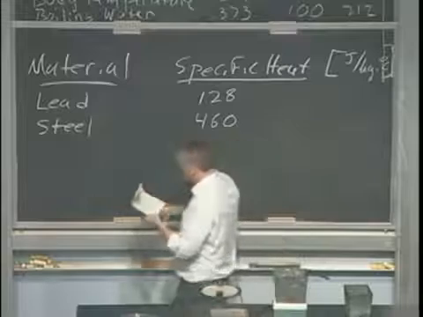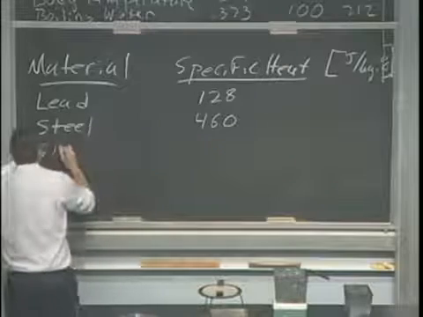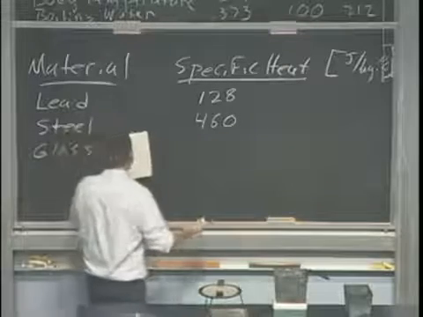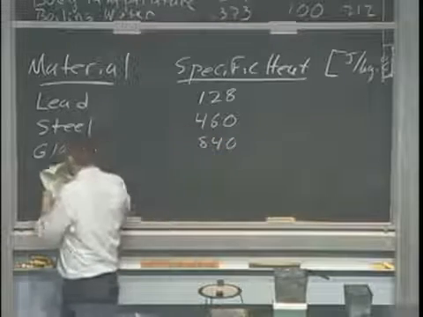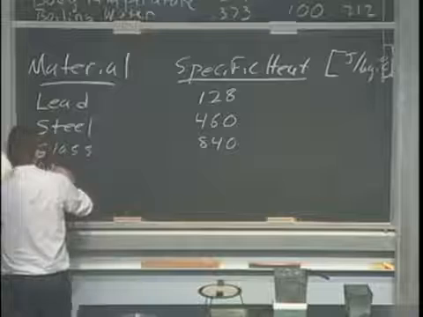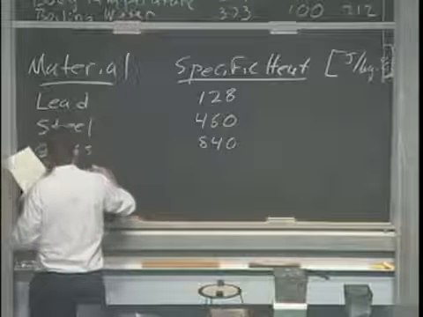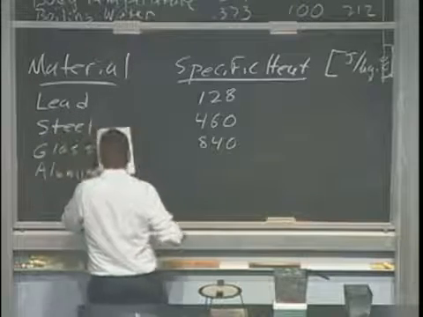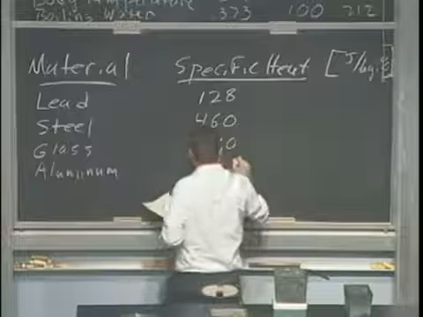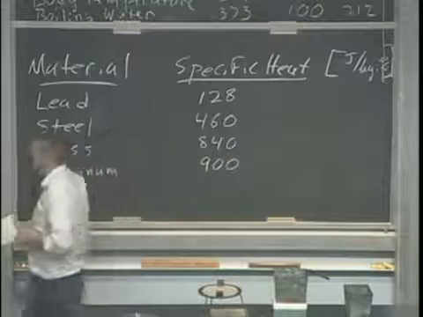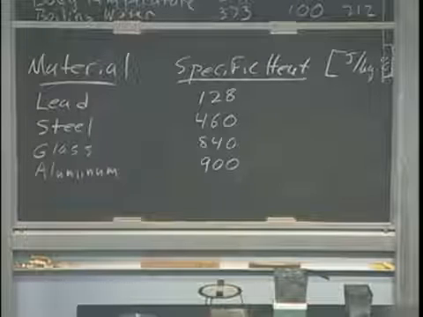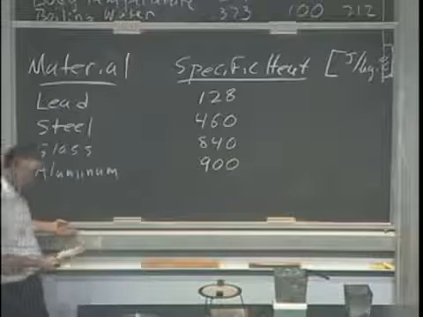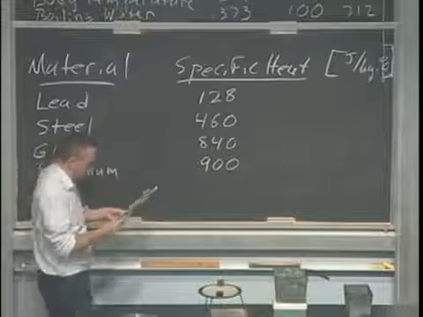Okay. Glass is 840. Aluminum is 900. Okay, so you can see we're almost a factor of roughly 8, 7.5 above lead. Let's see, what else do I want to add on there?